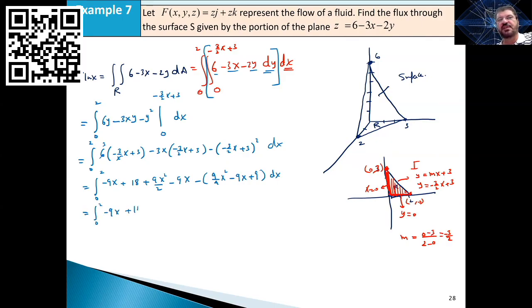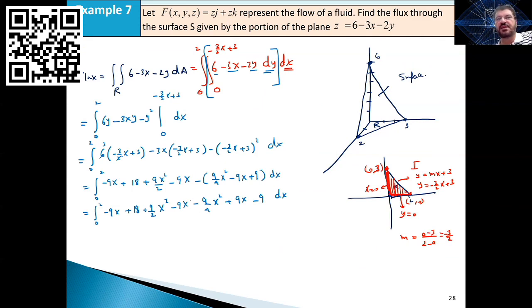Minus 9x plus 18 plus 9 over 2 x squared minus 9x minus 9 over 4 x squared plus 9x and then minus 9 dx.